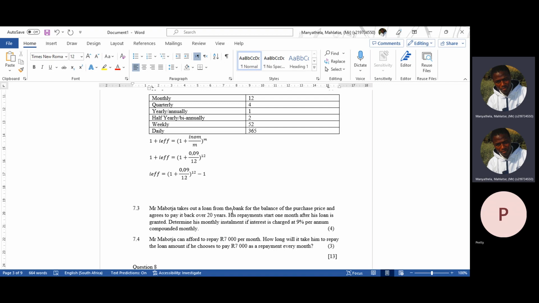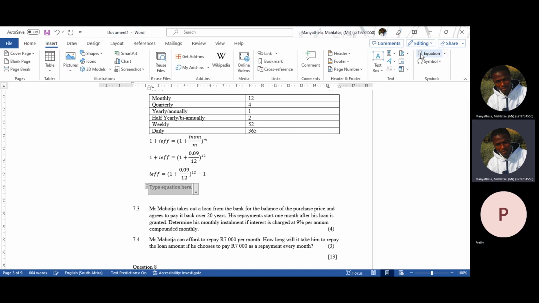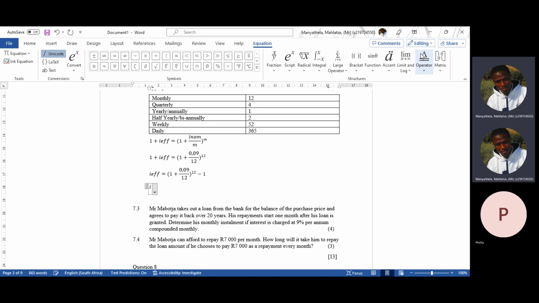So 1 plus 0.09 over 12 to the exponent 12, subtract 1. i_eff equal to 0.0938068989767.